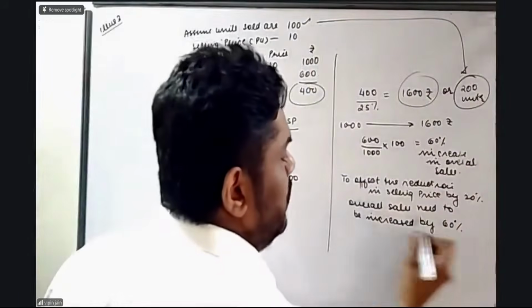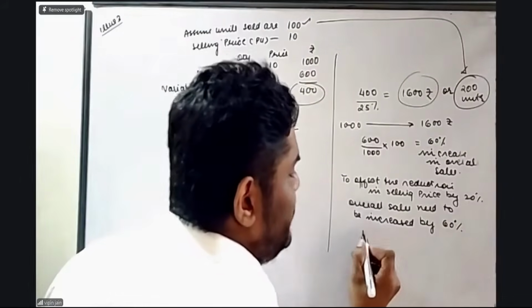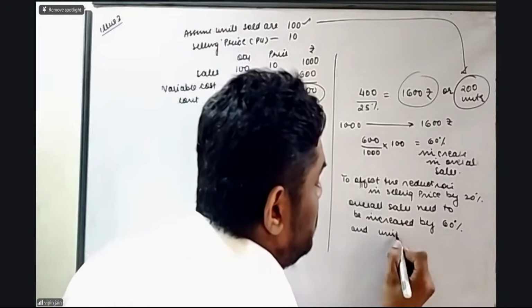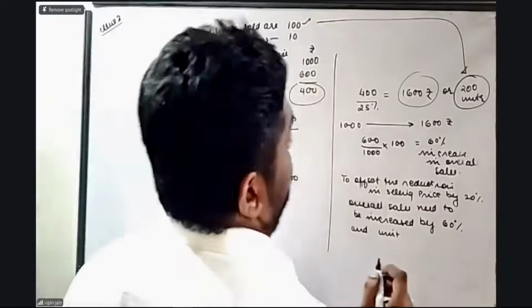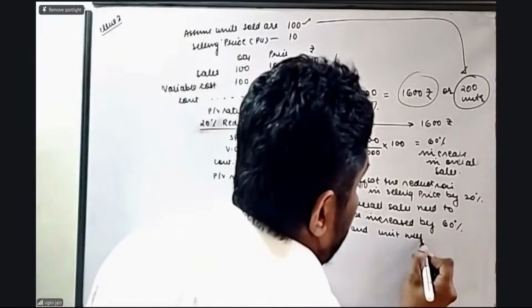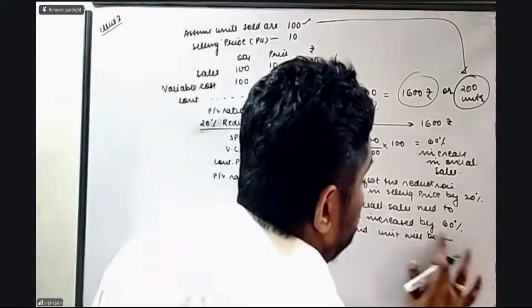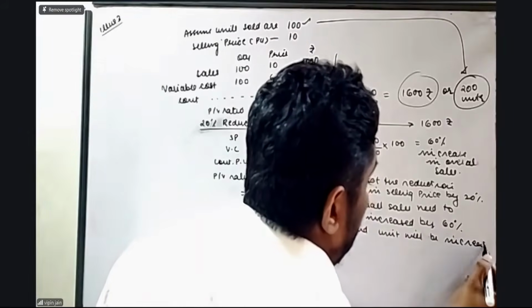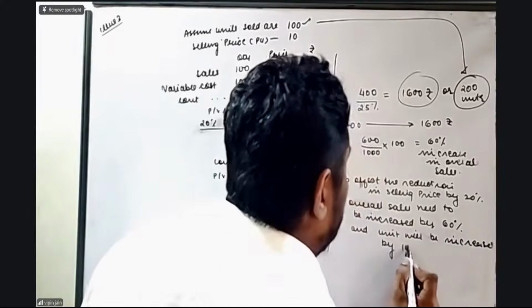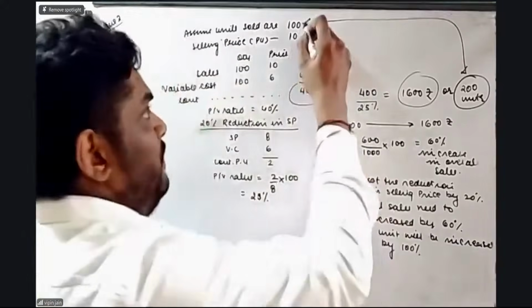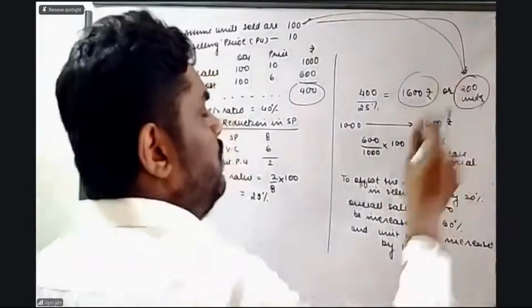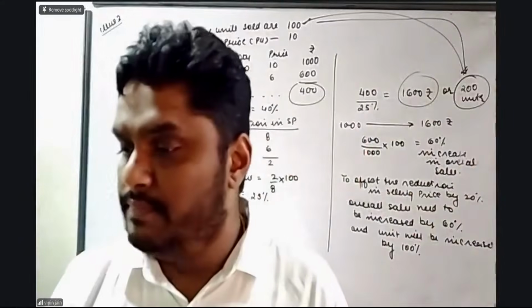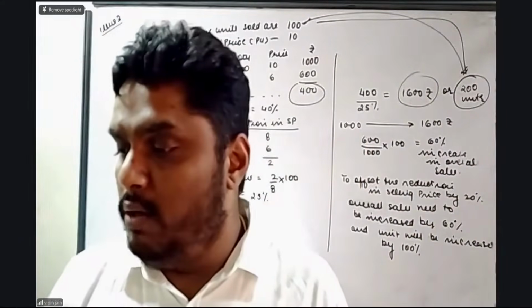It means the overall sales need to be increased by 60%, and units will be increased by 100%. So instead of 100 units, we have to sell 200 units to offset this reduction in selling price. So this is all about the illustration.